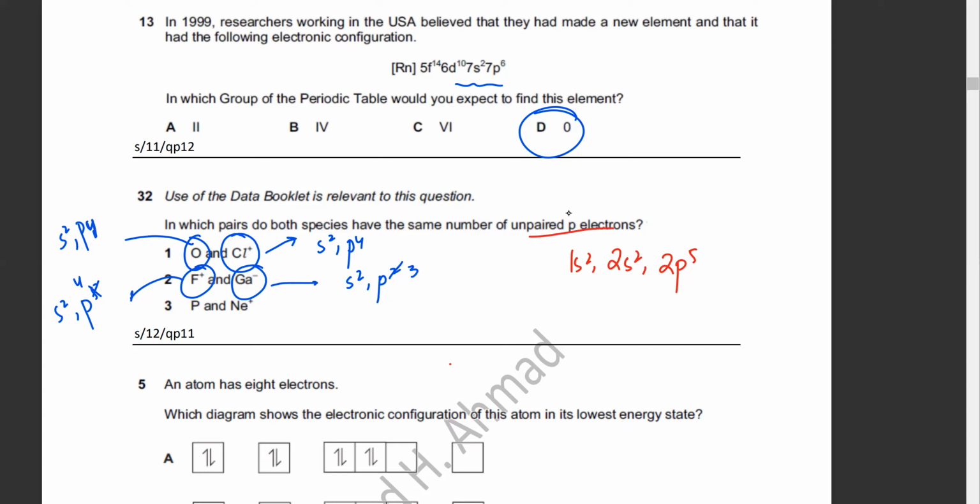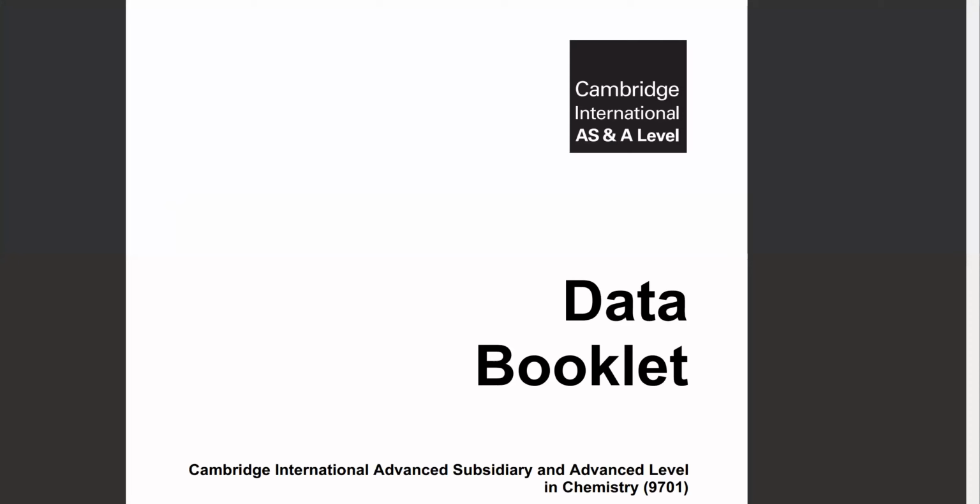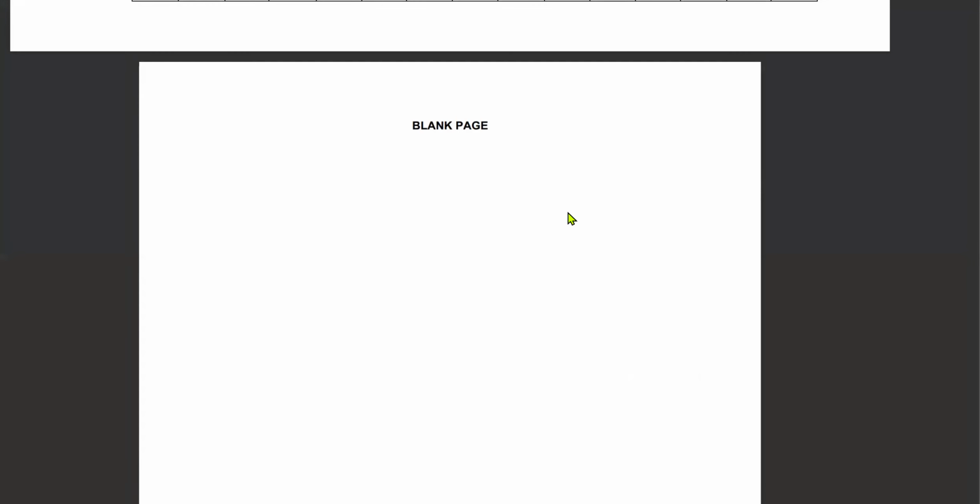Now, gallium is, just a second, there's a data booklet somewhere, this one. For gallium, let me confirm everything. So our periodic table is over here.